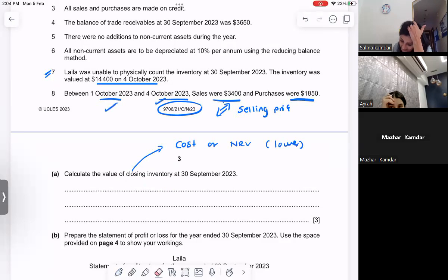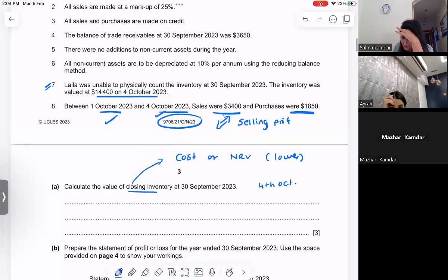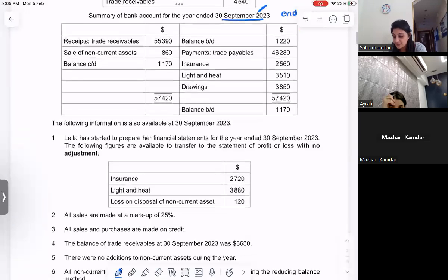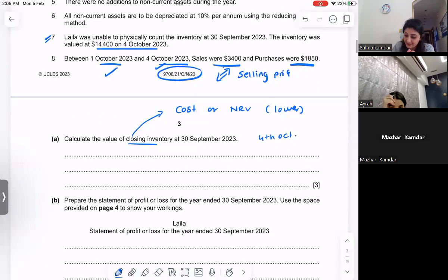Listen to me. You have your closing inventory on the 4th of October, that means after the year is ending. Year is ending when? 30th September 2023.